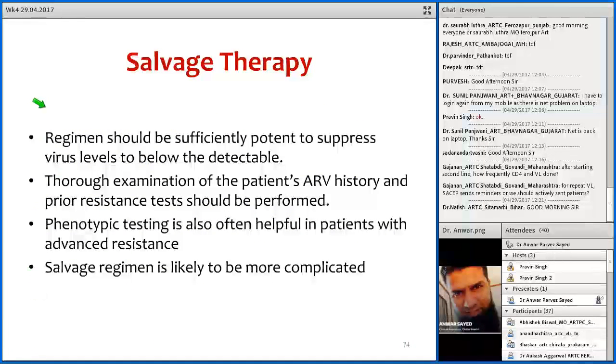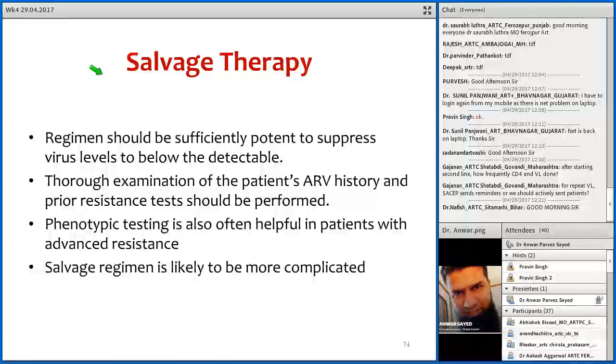And one last thing regarding failure, which is again not a part of the program, but there is something called salvage therapy.